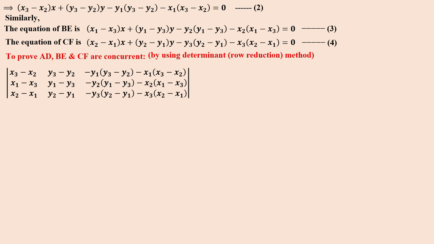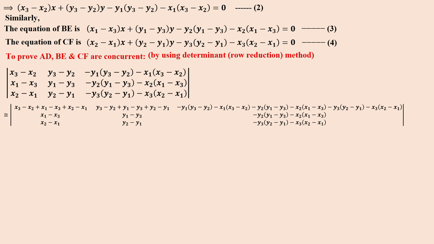First row, from the second equation: x coefficient x3 minus x2, y coefficient y3 minus y2, then the constant term minus y1 (y3 minus y2) minus x1 (x3 minus x2). In the same manner, you write the coefficients of the third and fourth equations.